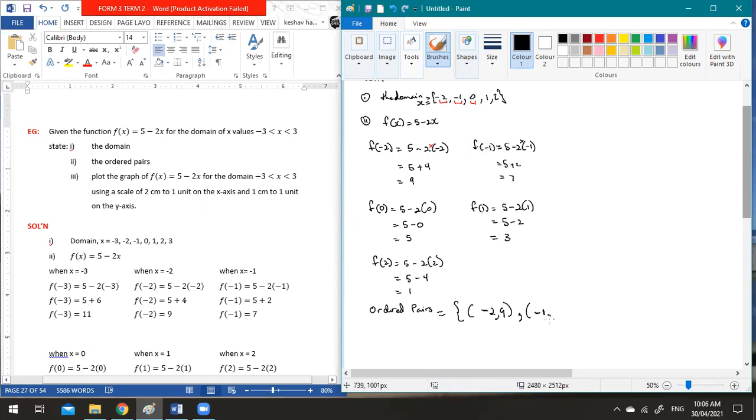So -1, 7. When you put 0, the answer was 5. So 0 and 5. When you had 1, the answer was 3. So 1 and 3. And the last one, when you had 2, the answer was 1. So 2 and 1. And then you close the set bracket. And there's your ordered pairs.